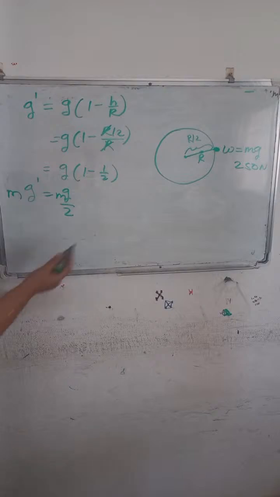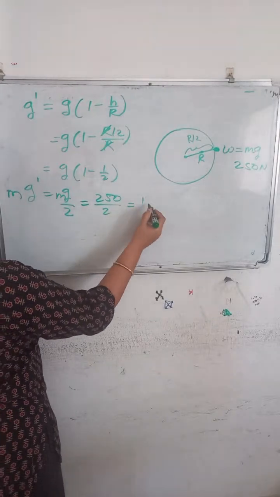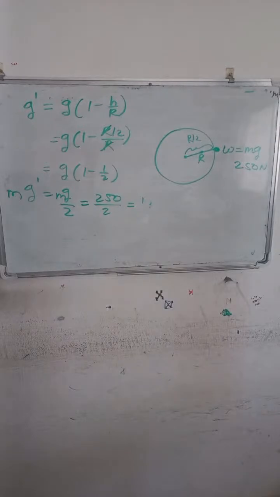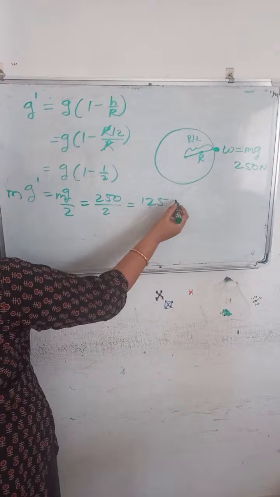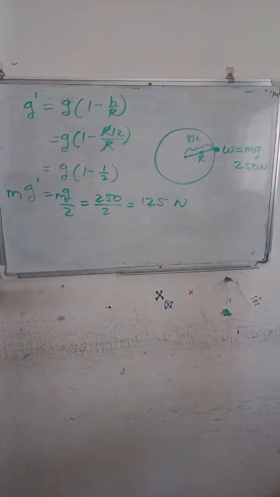The m into g component is given as 250, so divided by 2 we get 125. We get 125 Newton as the weight. A little bit different question, but this is the answer.